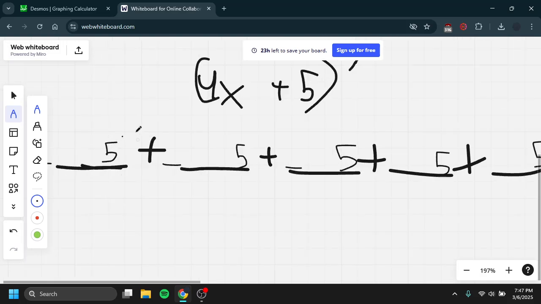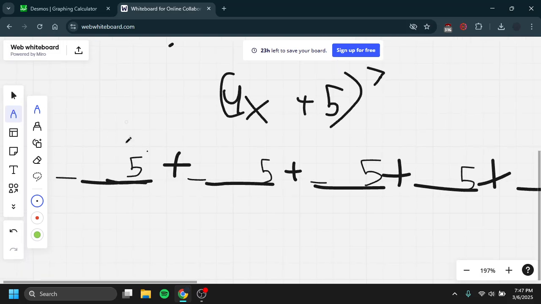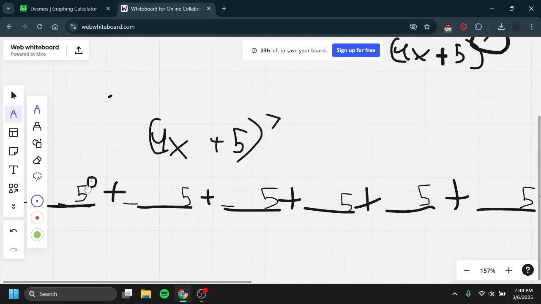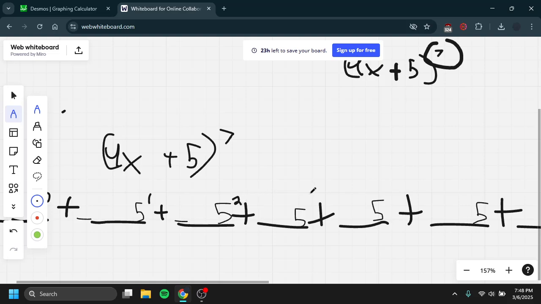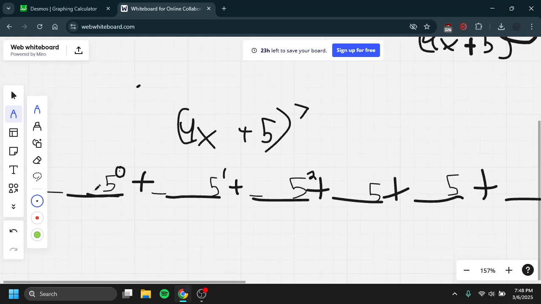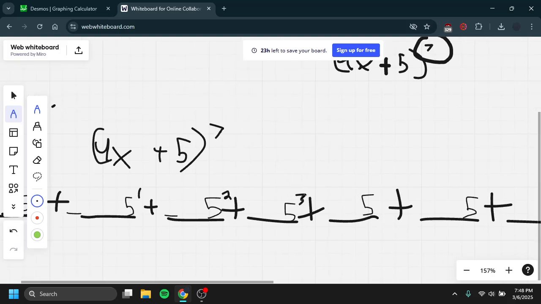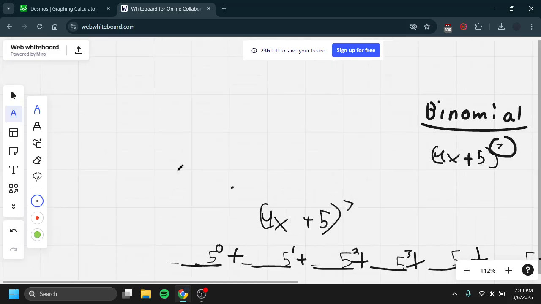So as we go across, we start at 0 from this 5 to the 0th power, because this is our first term. 5 to the 1st is our second term. 2. So every single time you go down a term, it increases the power by 1. So it increases a by 1. So let's see.